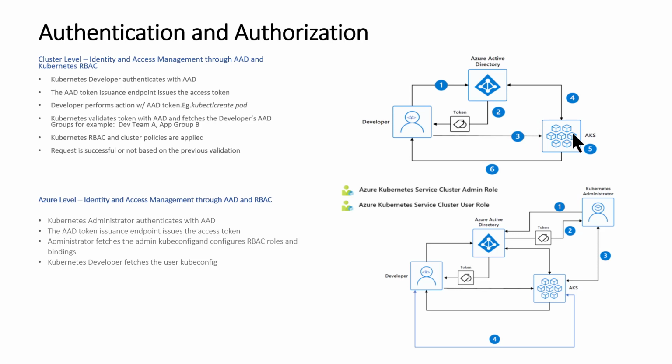The AKS cluster validates it back with Azure Active Directory, and at the same time, the Kubernetes RBAC and cluster policies are applied right here. And once all of this is successfully validated, the request is either successful or unsuccessful based on the steps that we have defined. Pretty straightforward. I would also show you an example of the AKS RBAC in the next slide. That may explain it a little bit better.